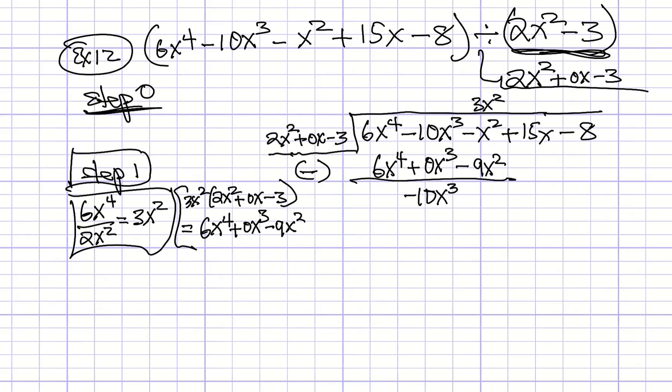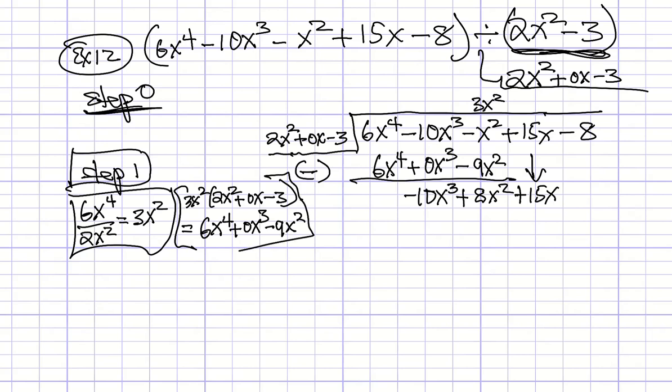It just helps you to keep accounting right. Okay, so negative 9x squared would become positive, so you have positive 8x squared. Okay, so you bring this down, plus 15x, and you repeat the process, okay?